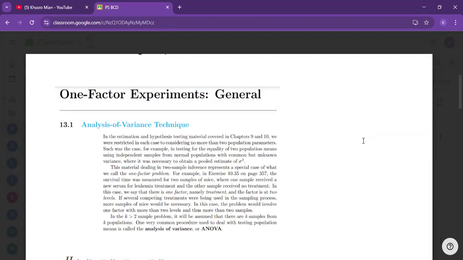It will be assumed that there are k samples from k populations. One very common procedure used to deal with testing population means is called the analysis of variance, or ANOVA.